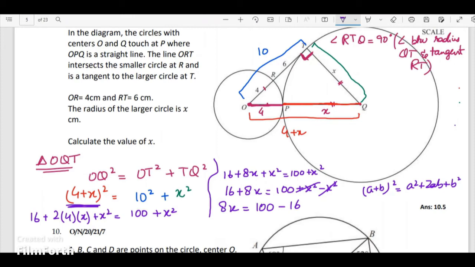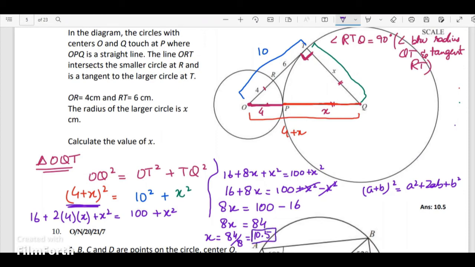So now we have 100 minus 16. The answer is 84, and 84 divided by 8, the answer would be 10.5.